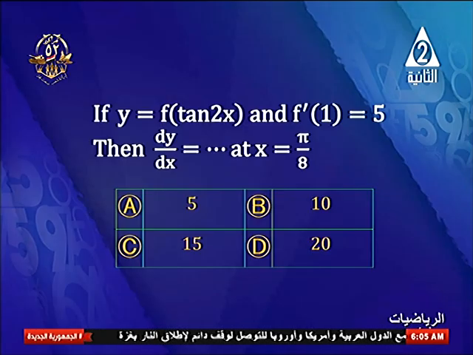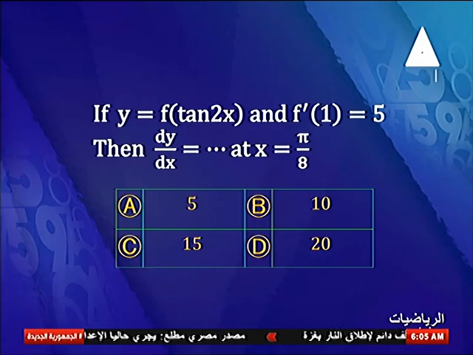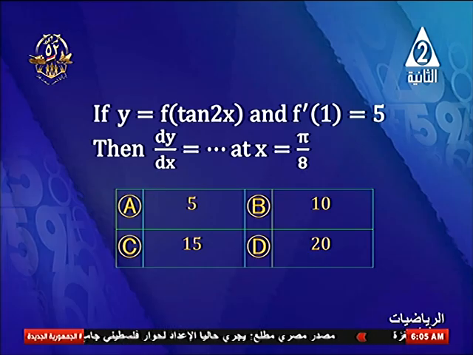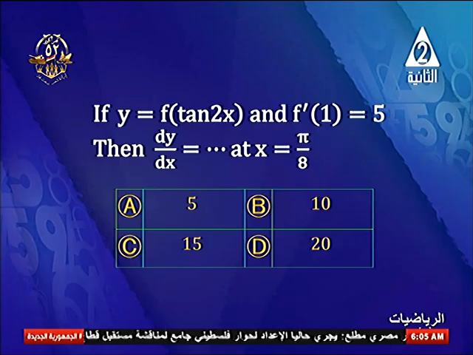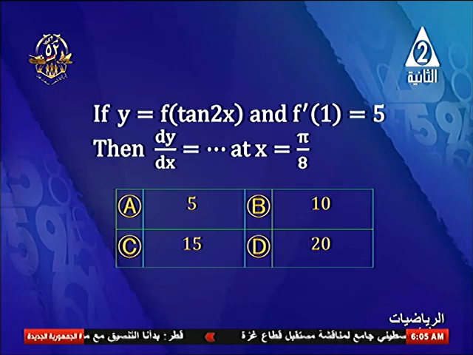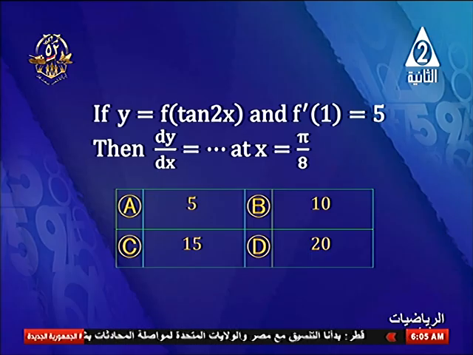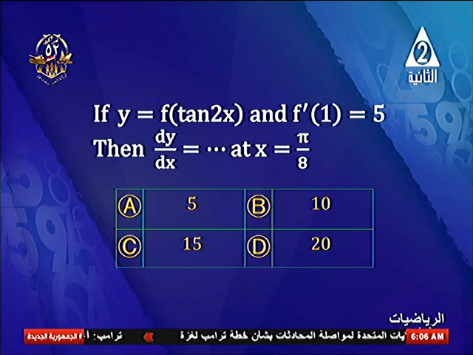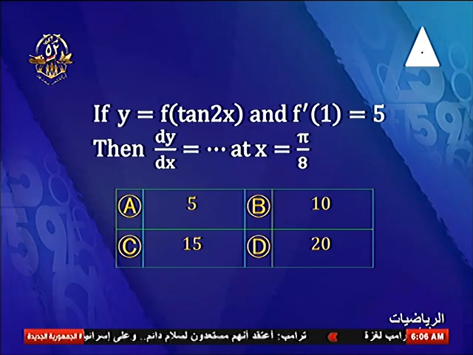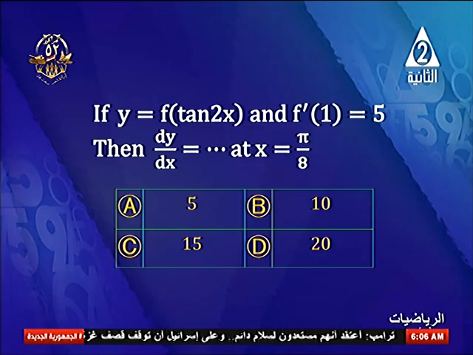If we have y equals f of tan 2x and f dash of 1 equals 5. What is the meaning of f dash of 1? The first derivative of the function when x equals 1 is 5. What is required? dy over dx at x equals pi over 8. Remember, my dear student, in this case we have a function of tan 2x.